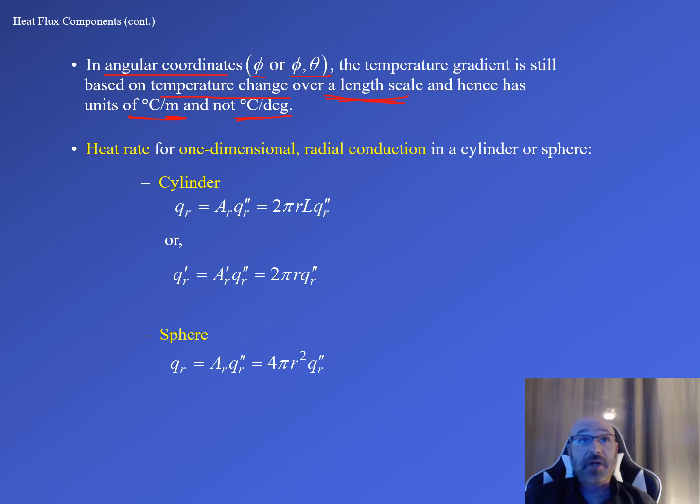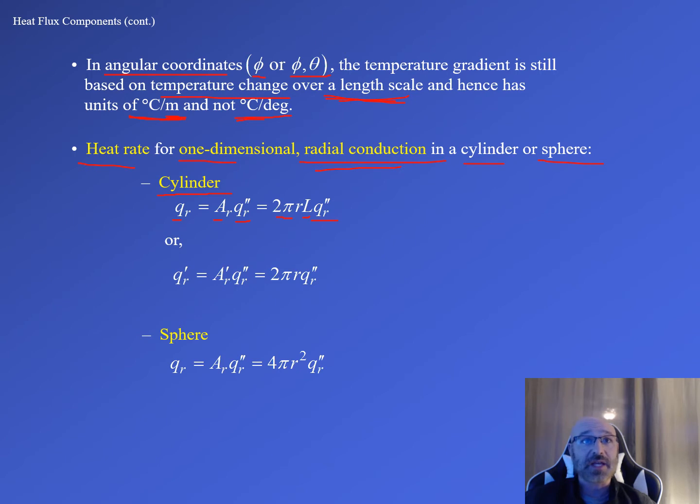Now, for a simple case of one-dimensional radial conduction in either a cylinder or a sphere, which a lot of example problems are similar to, let's take a look at the cylinder first. Our Q sub r is equal to our A sub r times our heat flux in the r direction, which is 2 pi r times L times the heat flux in the r direction.